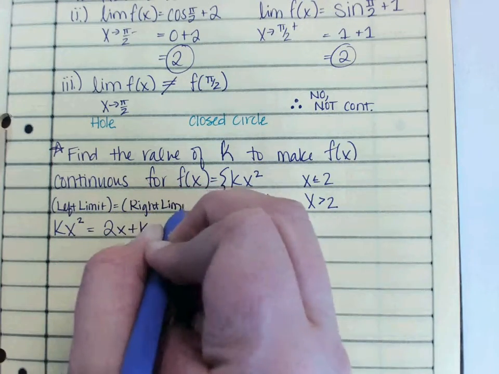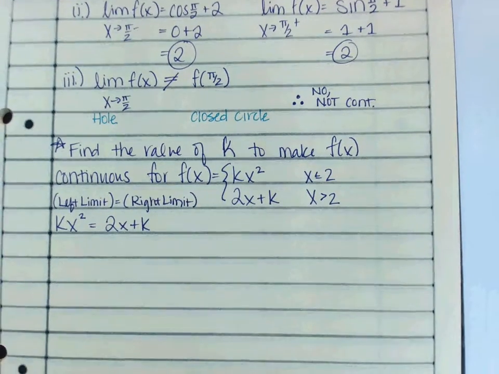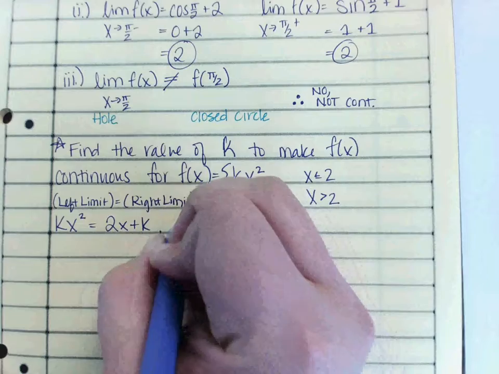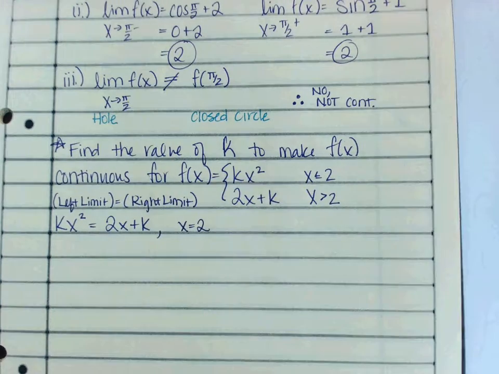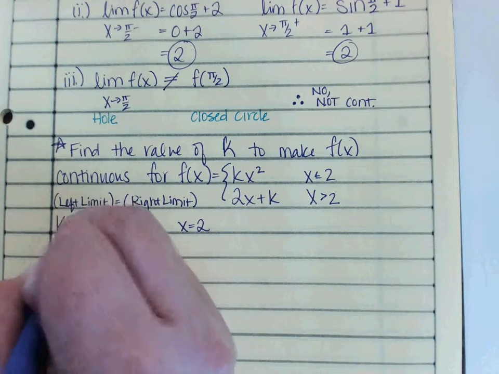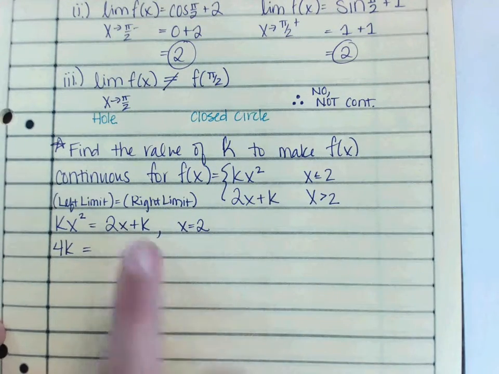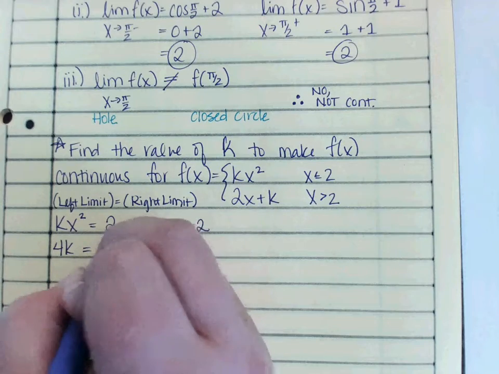But then remember, they don't have to be equal everywhere, they just have to be equal at that one point. So then I'm going to plug in x equals 2. So what is x squared if x is 2? So this is really a 4k, are we fine with that? Okay, then I'm taking my 2 here, plugging it in. 2 times 2 is 4 plus k.